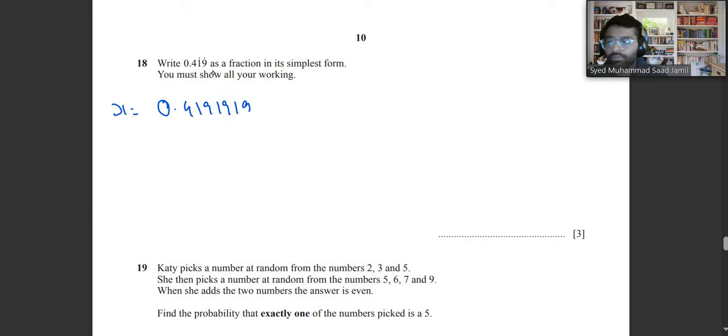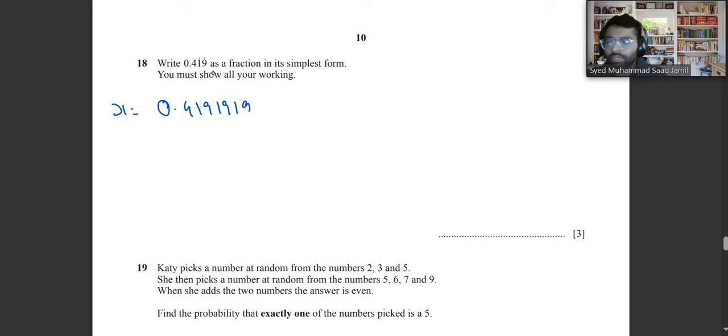Now if I multiply by 1000, 1000x is basically equal to 419.1919, because I went 3 steps ahead. And if I write 10x, it means 4.191919.